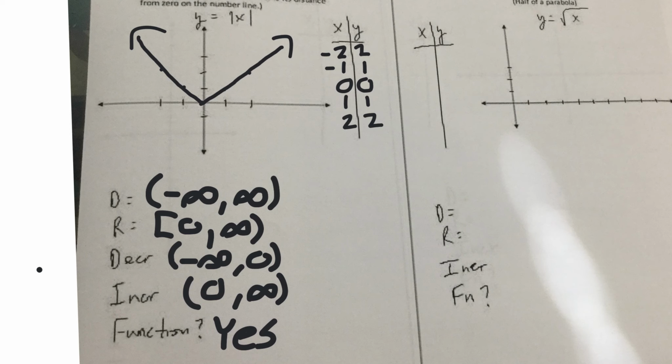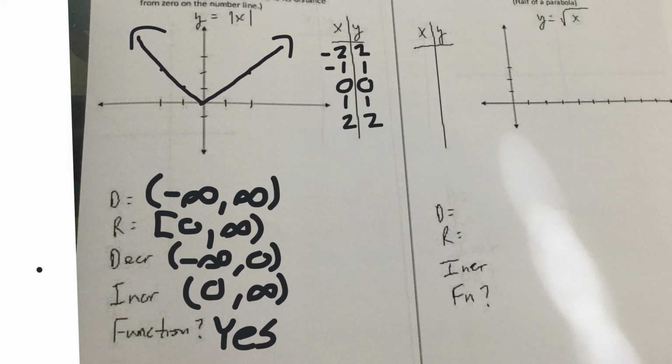Why don't we put brackets on the decreasing and increasing? We don't want to do that. You never put brackets on increasing or decreasing. Because if you put brackets, look at 0. At 0, is this graph increasing? Is it decreasing? No, it's what's called a critical point, where the graph is changing its direction.